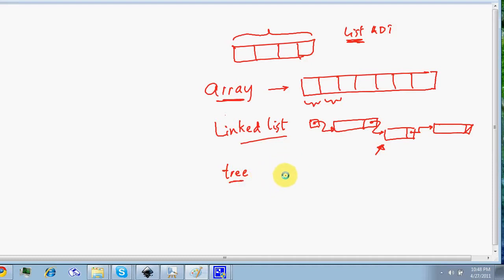A tree is a very interesting data structure. It's a little bit more complicated than linked list, but it's an awesome data structure. A lot of time, you have data in a tree structure, right?